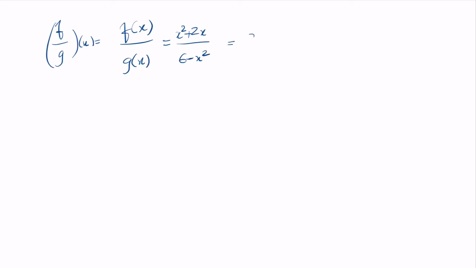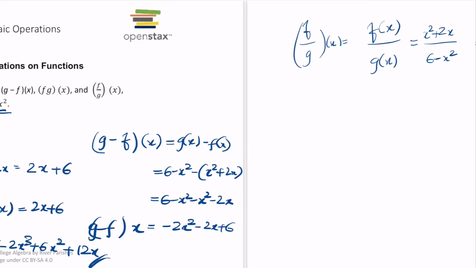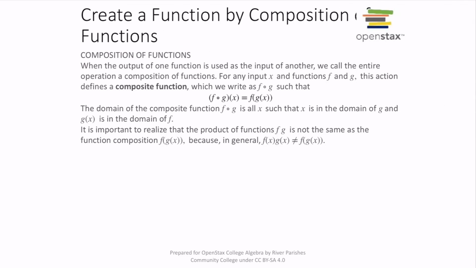For example, x square plus 2x can be written as x times (x plus 2). However, 6 minus x square can be written as (x minus root 6) times (x plus root 6). If you don't want to, you can just write it as 6 minus x square and leave it that way. So this is your answer for the last problem. This is how we can solve algebraic operations on functions.